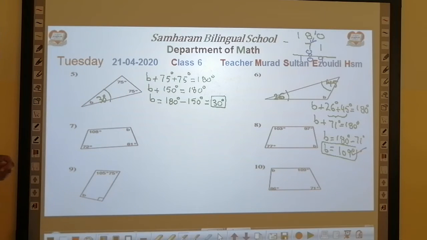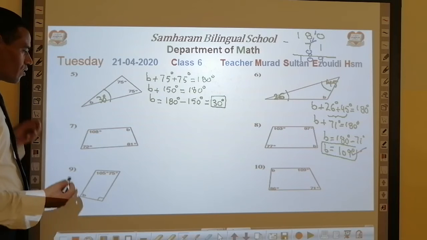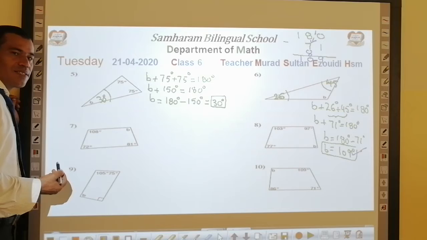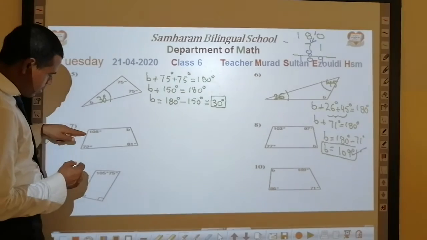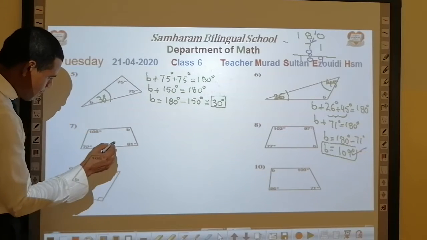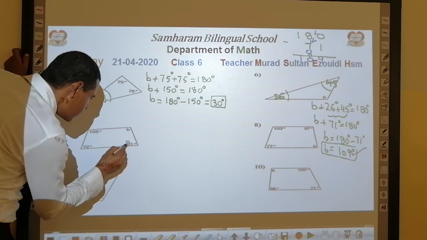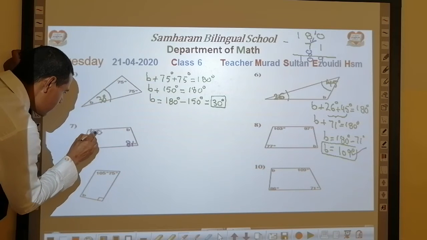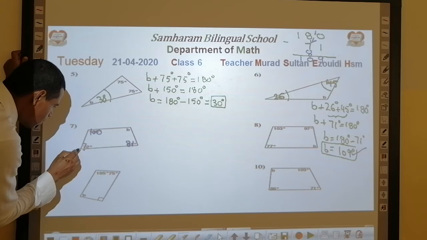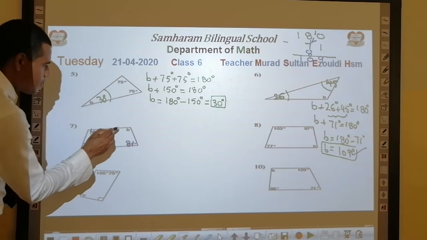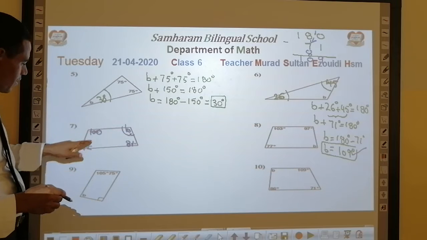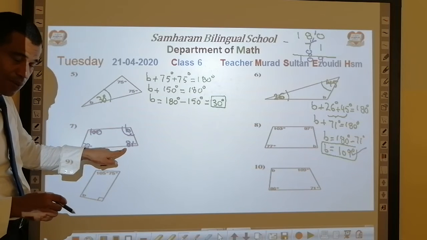The next. Now for a quadrilateral, we told that the angle sum of a quadrilateral adds up to 360. So I will just write this one. This is 81. This is 100. This is 72. And this is B. So I will make what? B plus 100 plus 72 plus 81 equal 360.